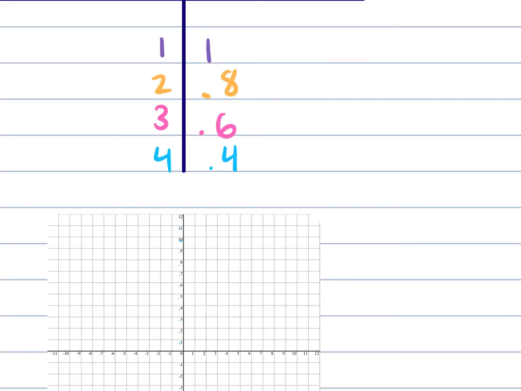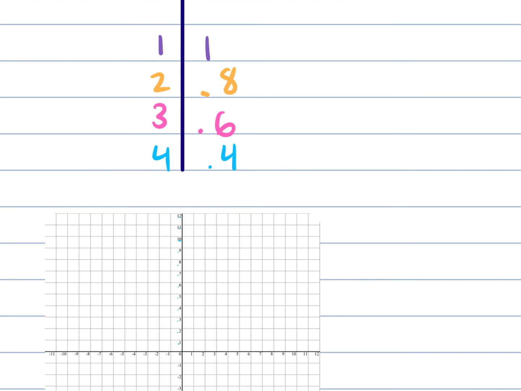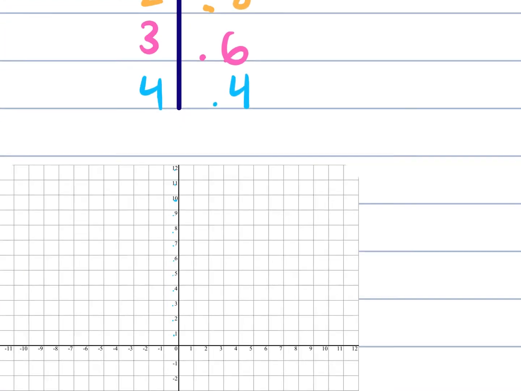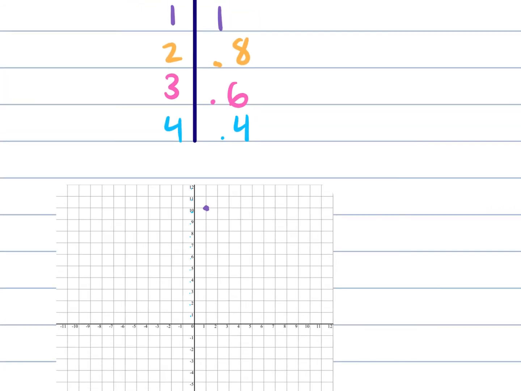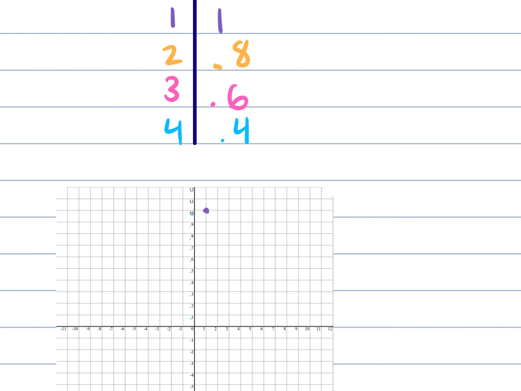when I plot these. So to plot the first point, I go to the right 1 and up 1. So that would be all the way up here because I made this 0.1. So these are all the decimal values. For the second point, how would I graph that one? 2 to the right and up 0.8.